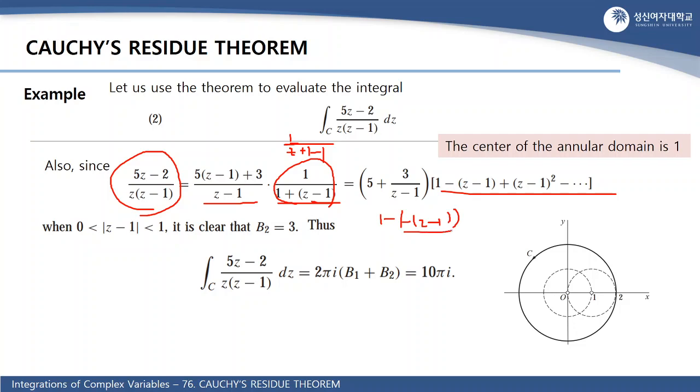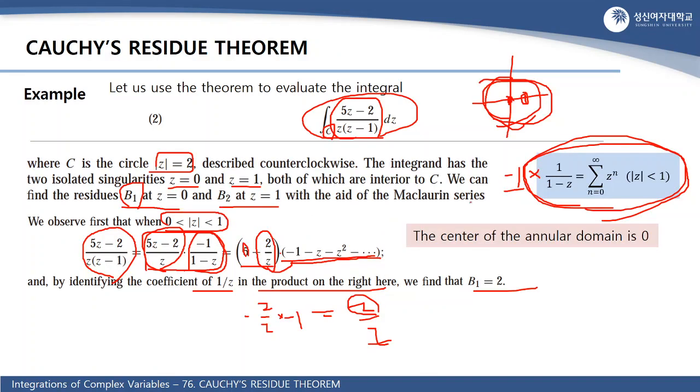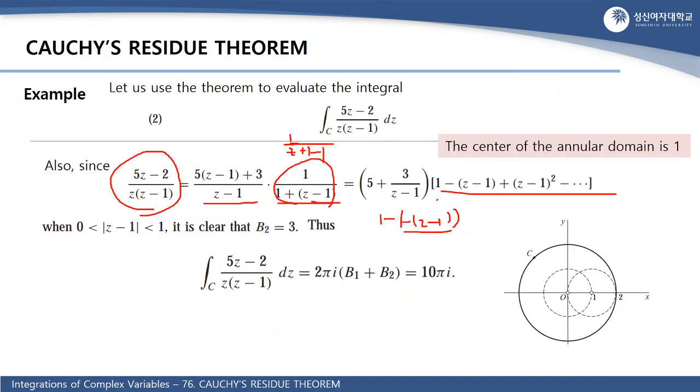Then we insert this term in the variable z here, then we get this. Okay, and then expand the terms to find the coefficient of 1 over (z minus 1). Look at this here.